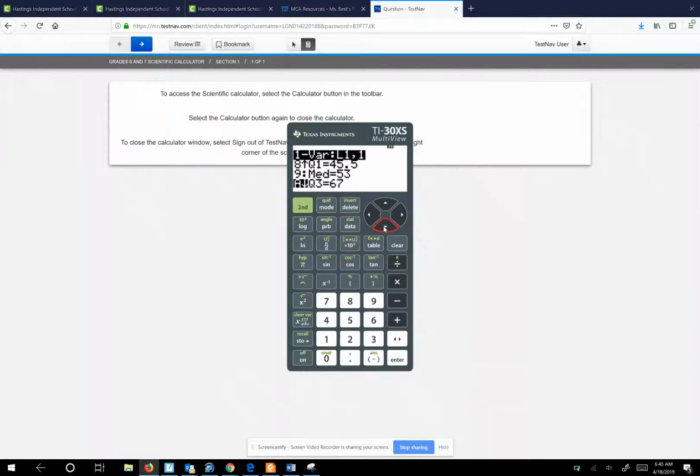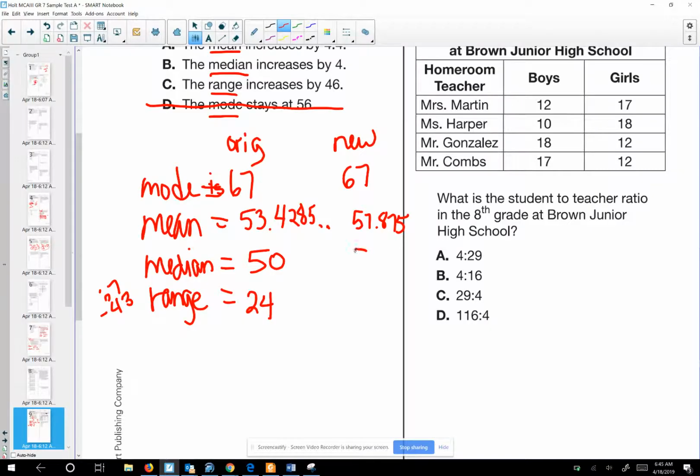The median is 53. The range, now that did change, and instead of being 67 minus 43, it is going to be 89 minus 43. That gives me a new range, Holy Hannah, of 46.